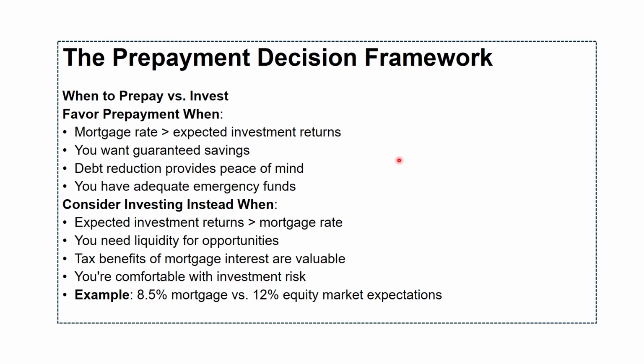So here we are trying to provide a decision framework considering what is currently prevailing in the market. We also have to consider that a tax deduction up to 2 lakhs on interest makes the loan attractive, but prepaying saves guaranteed interest.